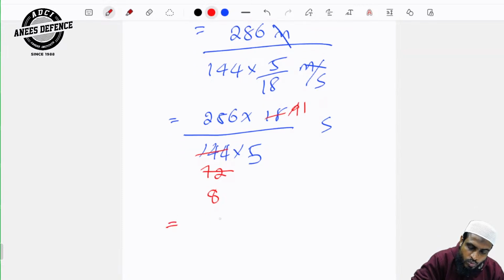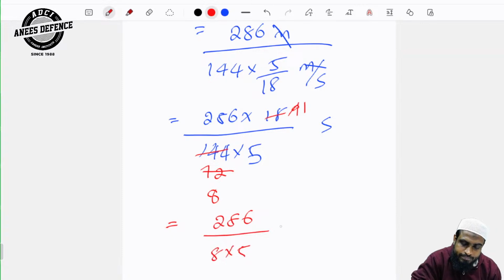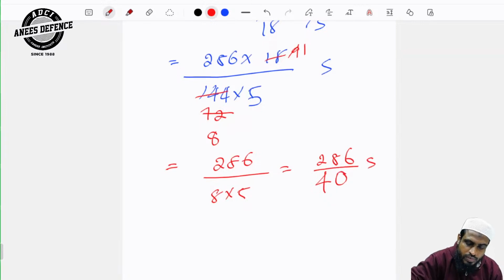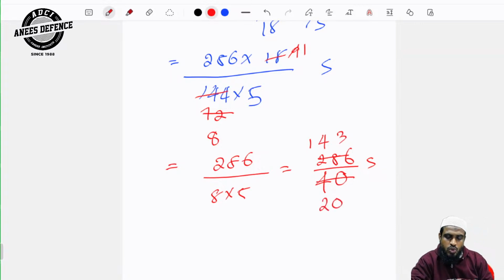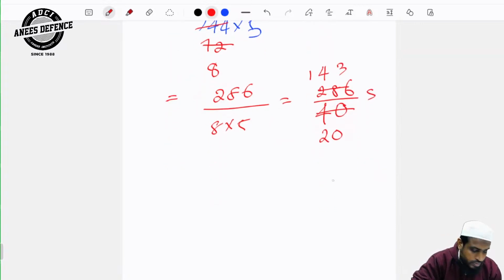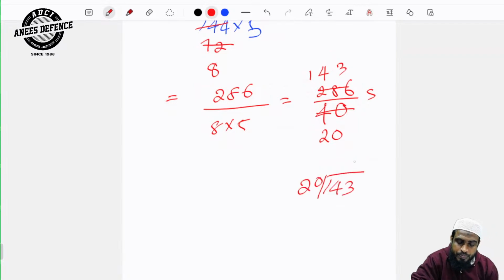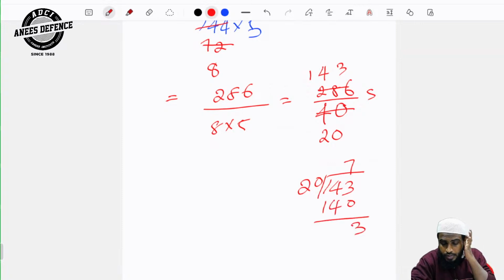Then 286 divided by 8 into 5, 286 by 40 seconds. So 143 by 20. We will do 143 by 20: 7, remaining will be 3, so 3 by 10.